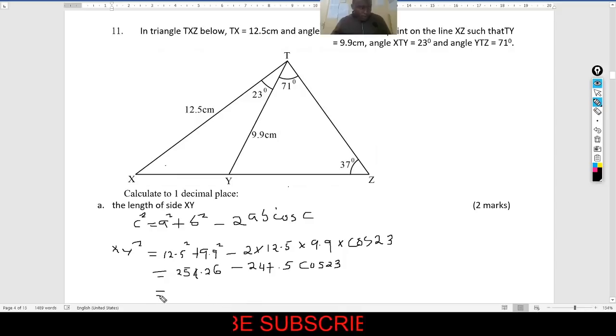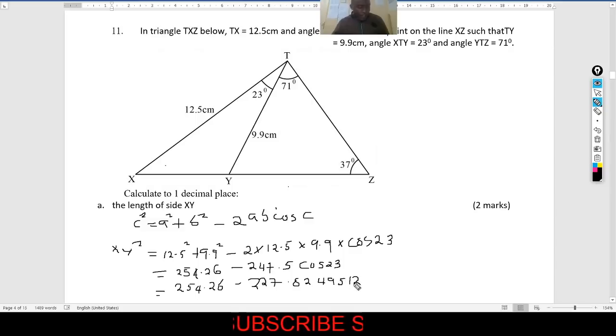Now you multiply this and it gives you 254.26 minus, you just press the calculator and get the value.